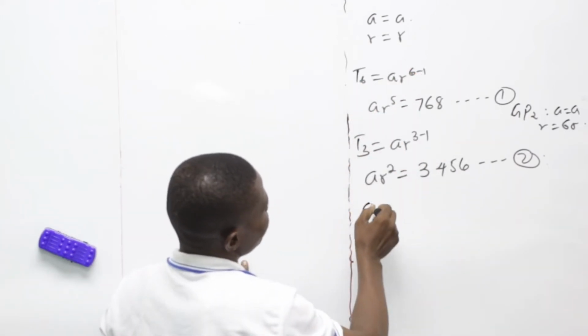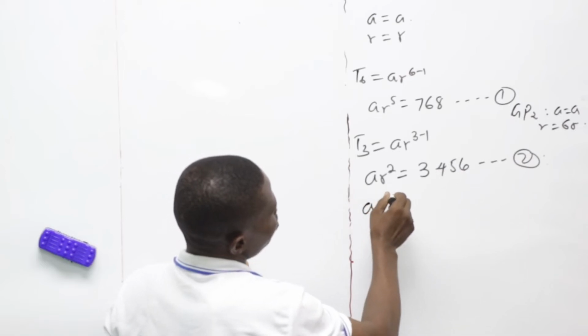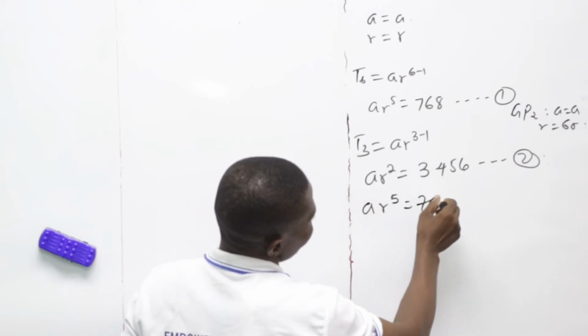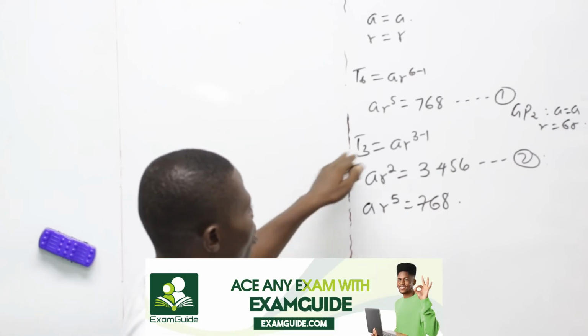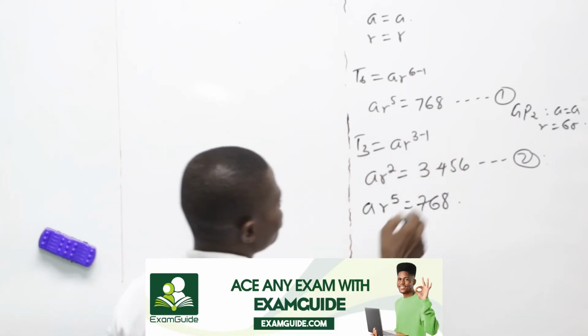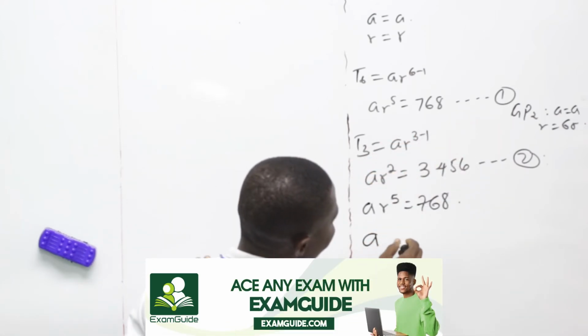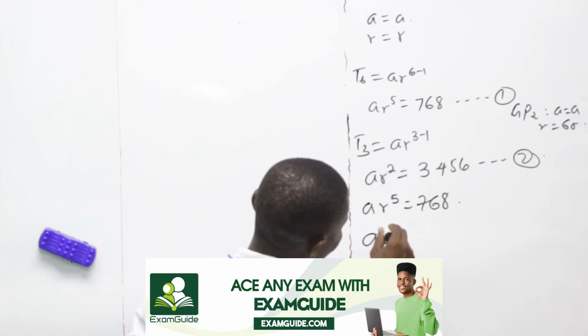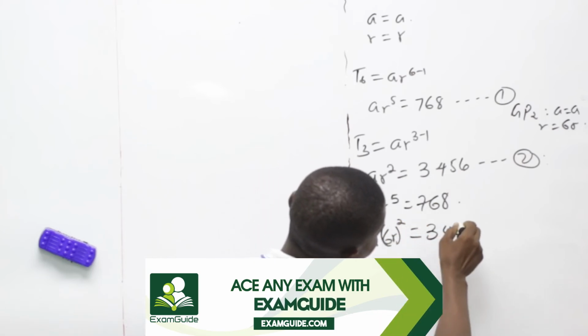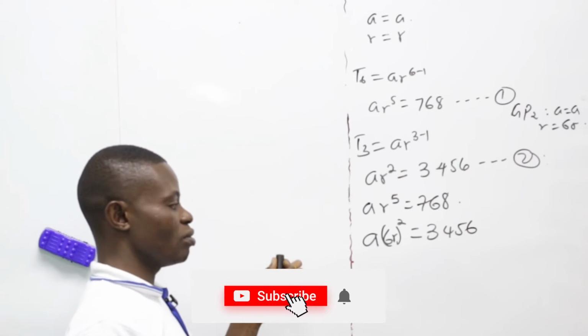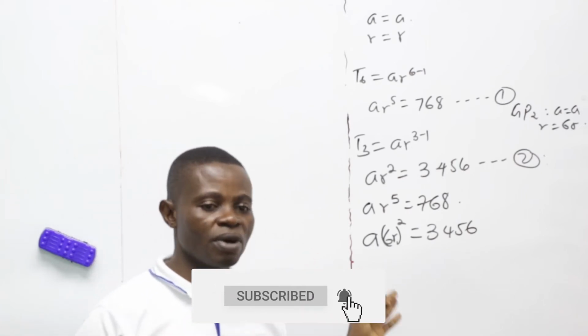So, let us interpret equation 1. First term A, R remains R, power 5 equals 768. The same thing. Now, to interpret second GP, A is still A, while R is what? 6R. R squared equals 3,456. Watch what is going on very well.